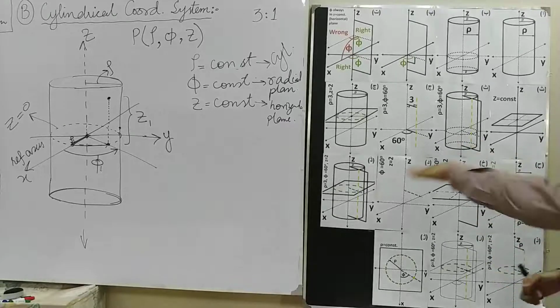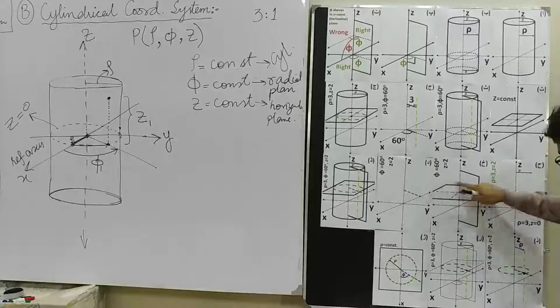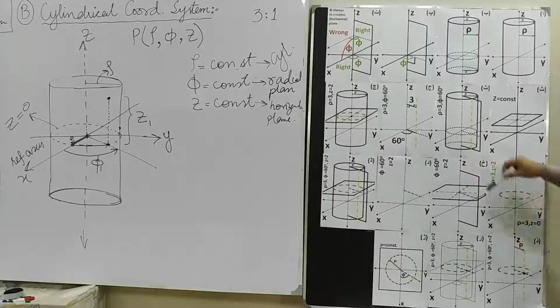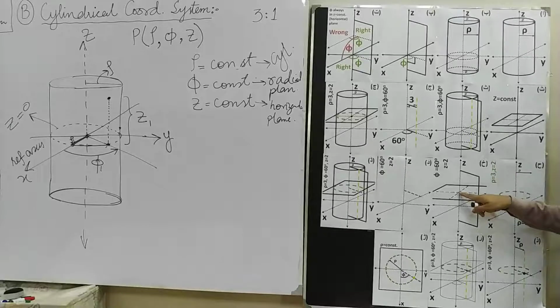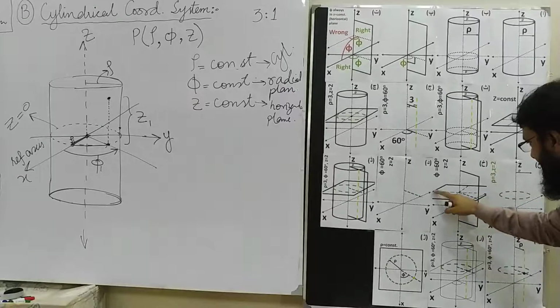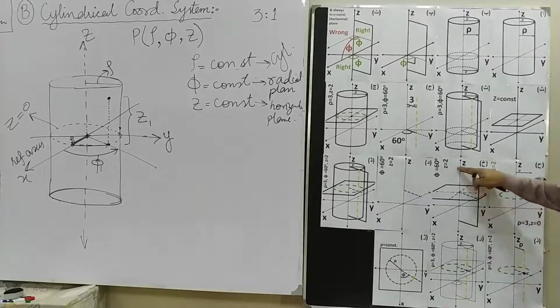We know that this is the horizontal plane and this is the radial plane. Wherever they intersect, they will form this blue solid line. This line is on the z equals 0 plane and also on the phi equals 60 degrees radial plane.